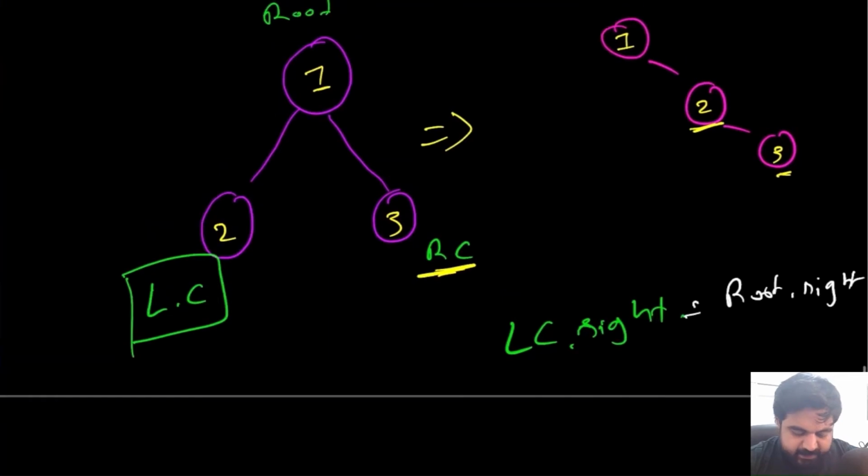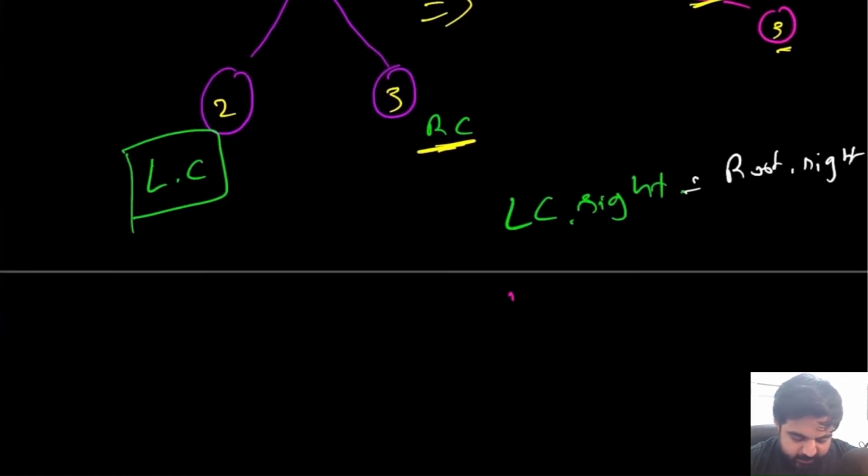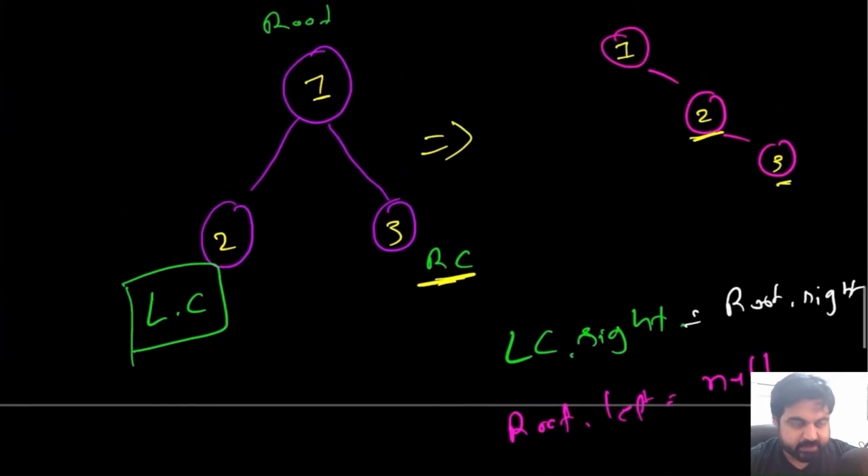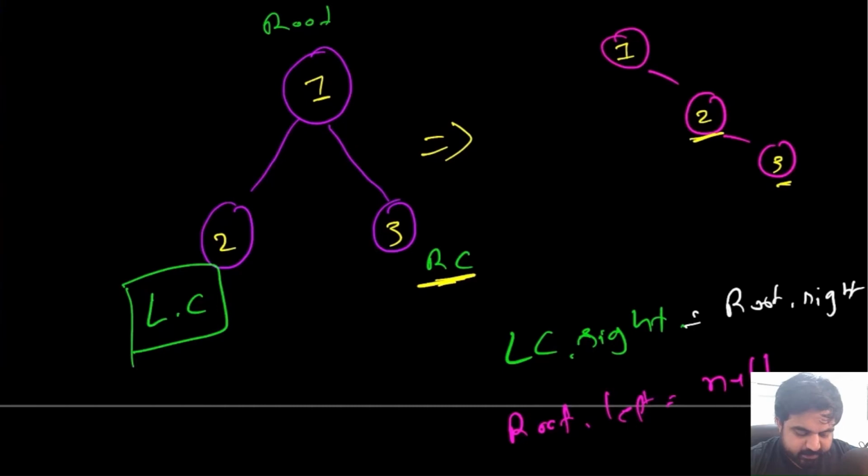The second thing we did is, currently this root dot left node has some value, but in the answer, this left child is null. So we also do that: root dot left is going to be null. What is the third thing we did?